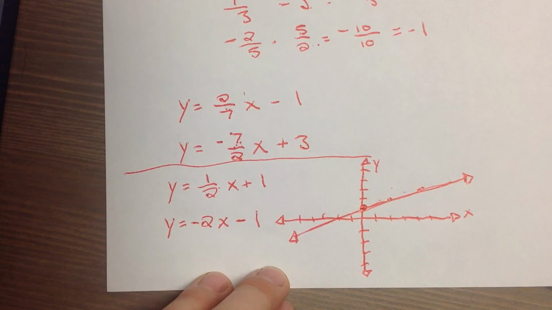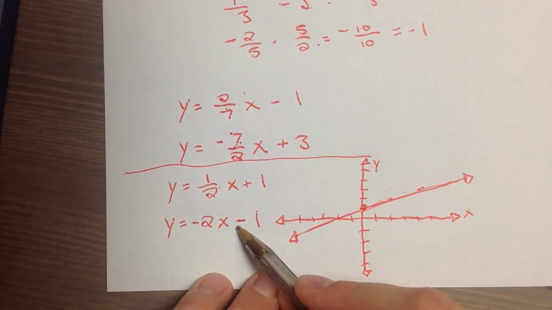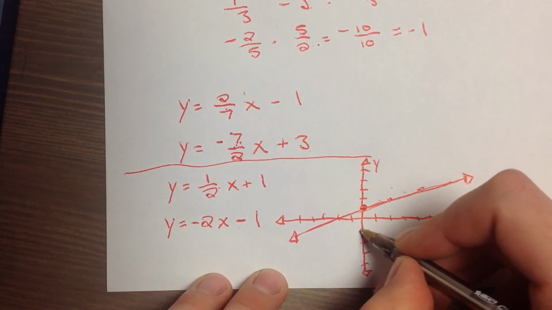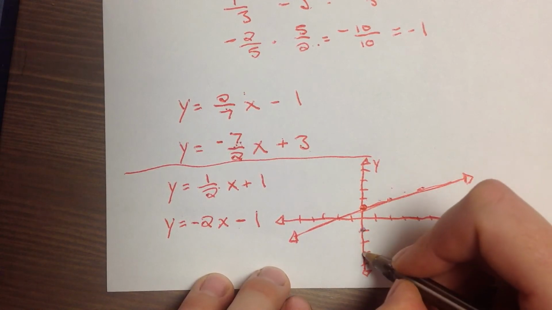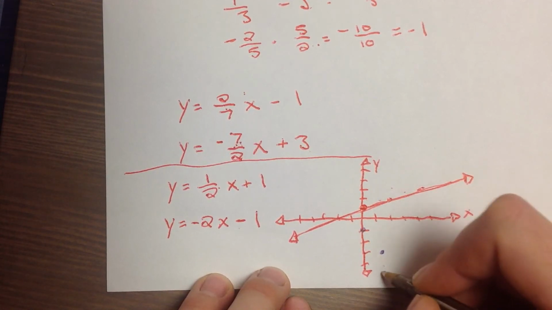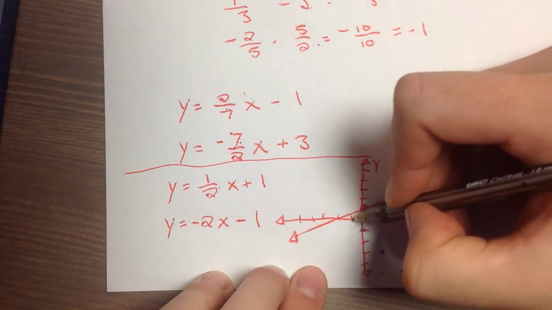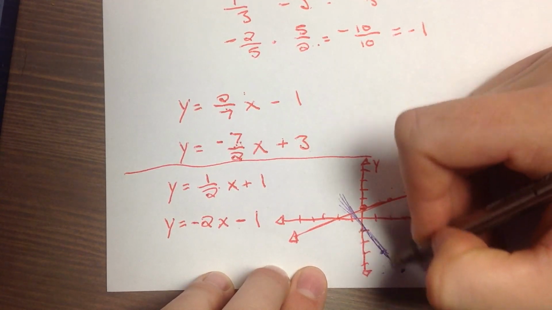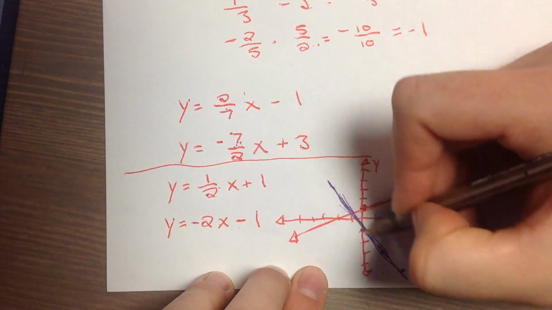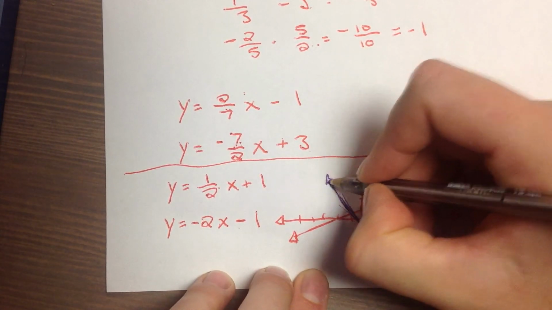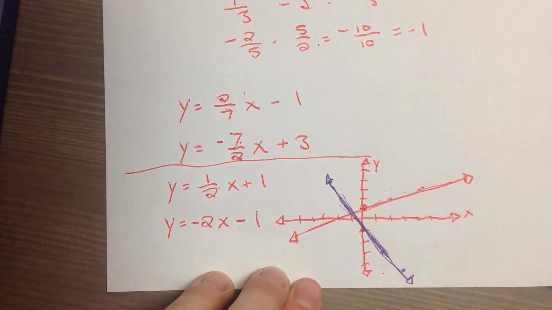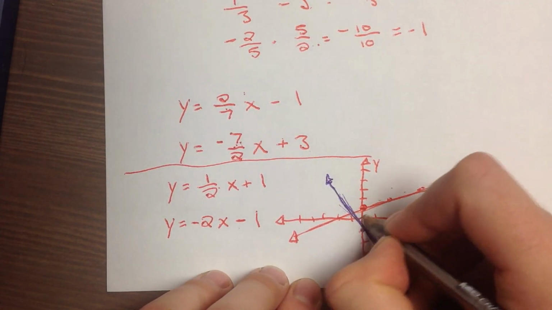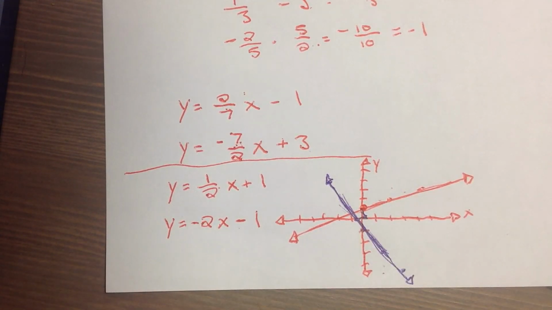Now to graph the line perpendicular to it, the second line, start down at -1, go down 2/1, down 2/1, we end up with a line like this. And these two lines form a 90-degree angle and are perpendicular to each other.